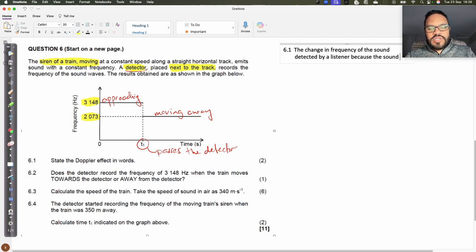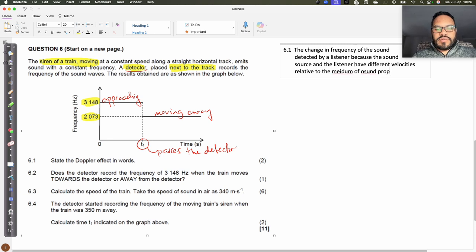Because the sound source and the listener have different velocities relative to the medium of sound propagation. That's the definition in the examination guidelines. Okay? Relative to the medium of sound propagation. That's 6.1.